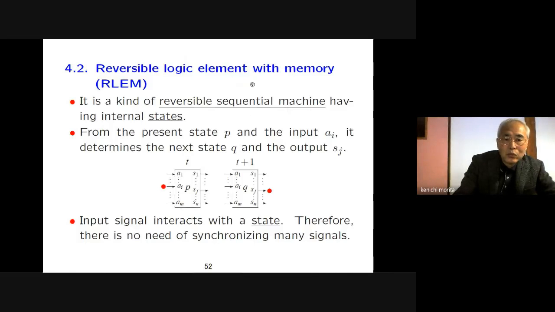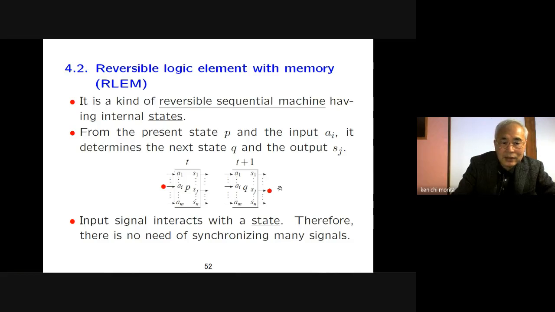Now we next construct a reversible Turing machine using a reversible logic element with memory. It is a kind of reversible sequential machine having internal states. Namely, from the present state P and the input Ai, it determines the next state Q and the output Sj.